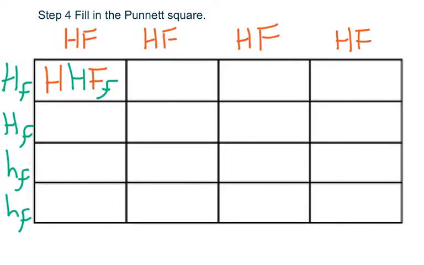Then I just do the same thing across. So again, I'm going to bring down the capital H, bring over the other capital H, bring down the capital F, and bring over the lowercase f. And then I continue to do that.